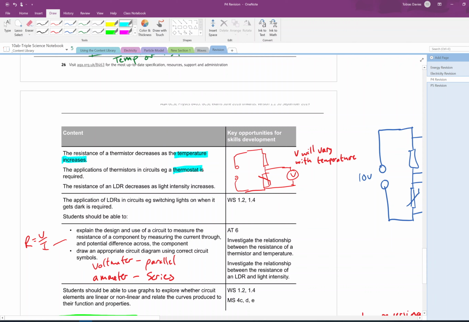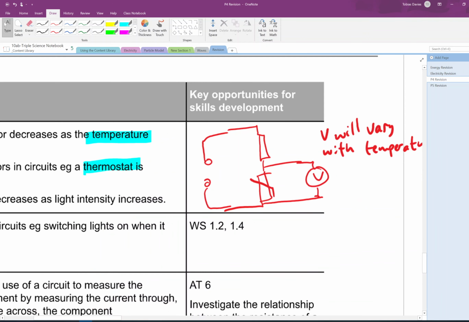You have a setup like this, where you might have a thermistor, and the voltage across it will vary depending on its resistance. You put it in a circuit like a potential divider, which is what this is. Because the resistance will vary with temperature, then the voltage will vary with temperature, okay?